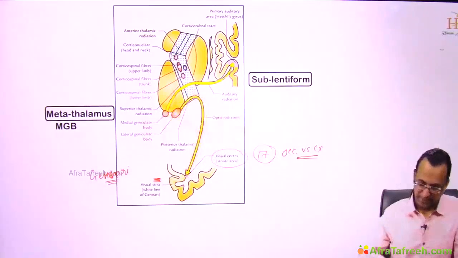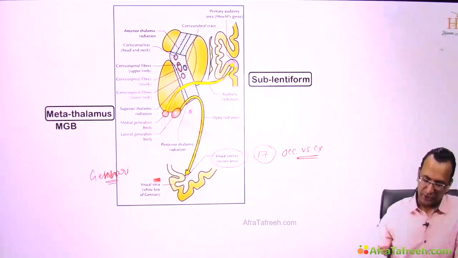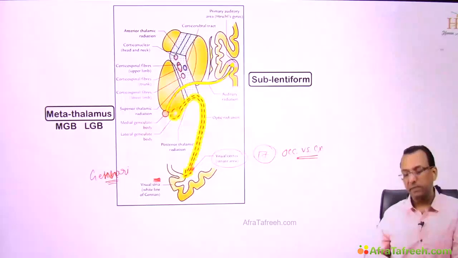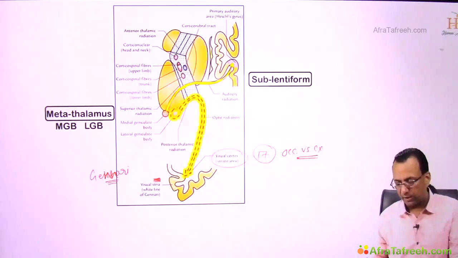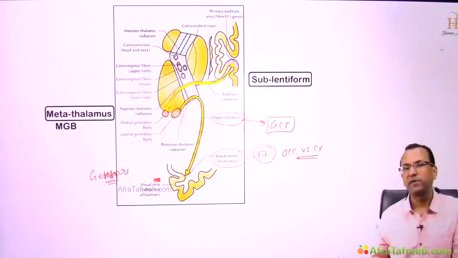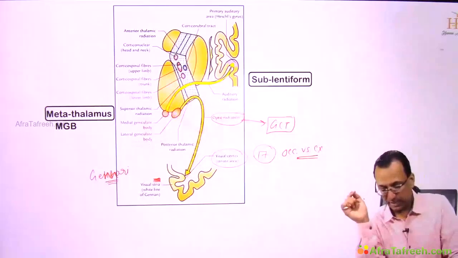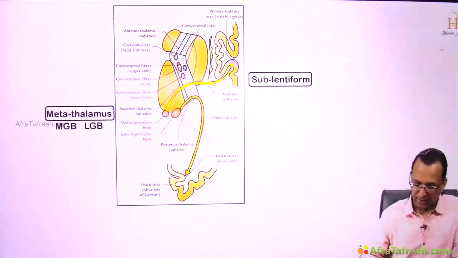What is the pathway like? The lateral geniculate body is sending the optic radiation towards the area number 17, towards the calcarine sulcus. This is also called geniculocalcarine tract. Why will you say the optic radiation is geniculocalcarine tract? Because it is coming from the lateral geniculate body and going to the calcarine sulcus, and is passing behind the lentiform nucleus.